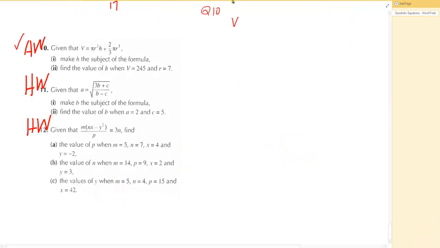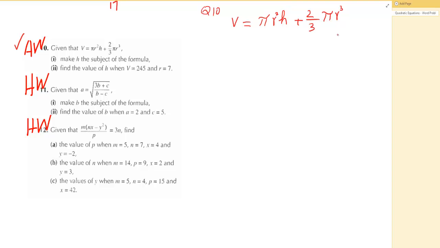The formula is V is equal to pi r square h plus 2 over 3 pi r cube. And I think this is the formula of a cylinder and hemisphere.